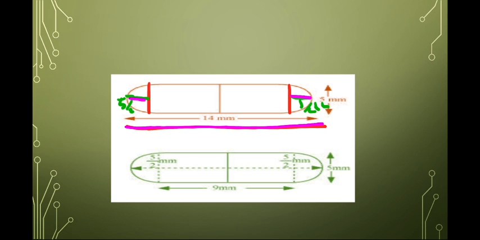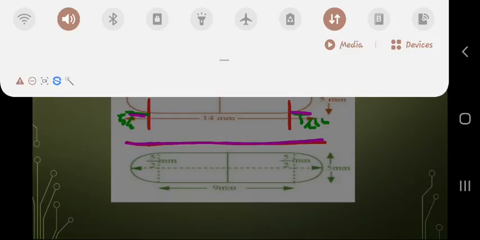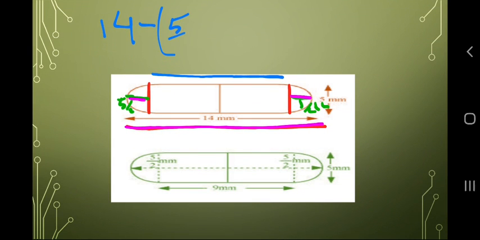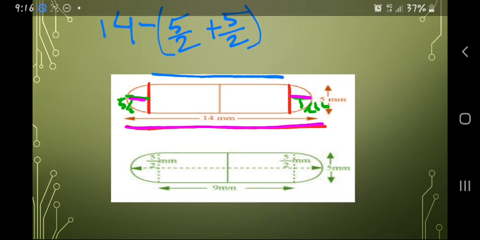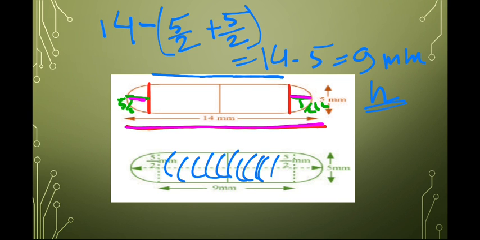Therefore, from here to here the distance will be 14 minus (5 by 2 plus 5 by 2), that is 14 minus 5, which is equal to 9 millimeter. This is the height of the cylinder. Now just put it in the formula 2 pi r h, and you will get the area of this curved surface.